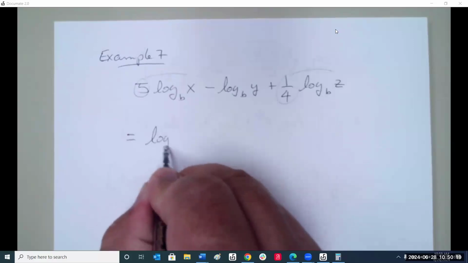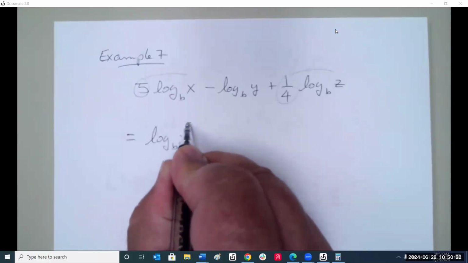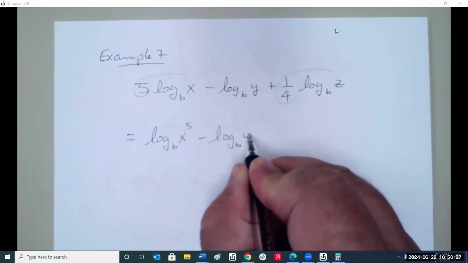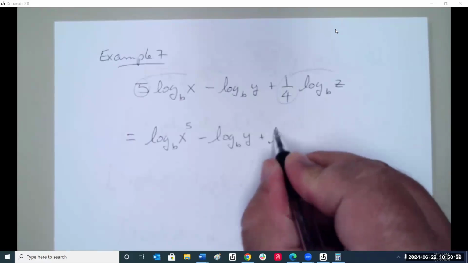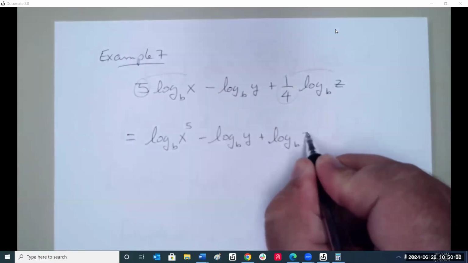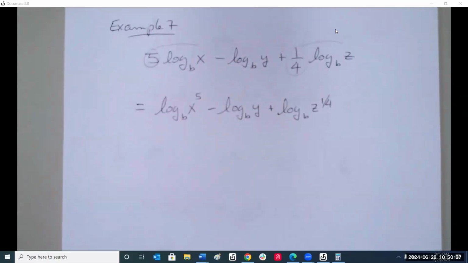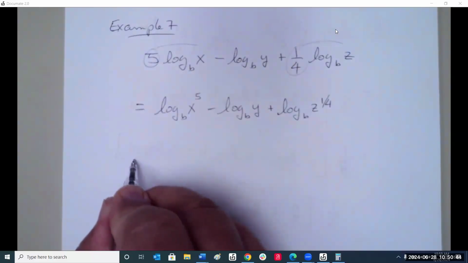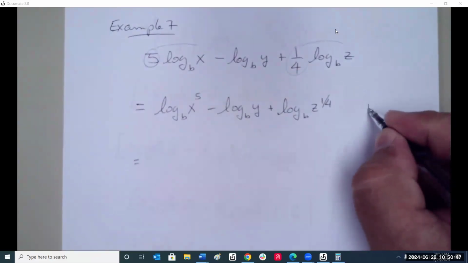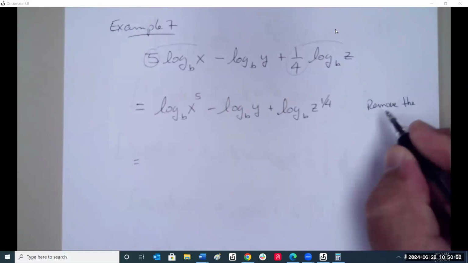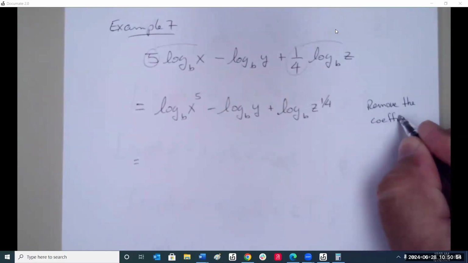We have log base b of x to the 5th minus log base b of y plus log base b of z to the power 1/4. Next step. So the first step is remove the coefficients.